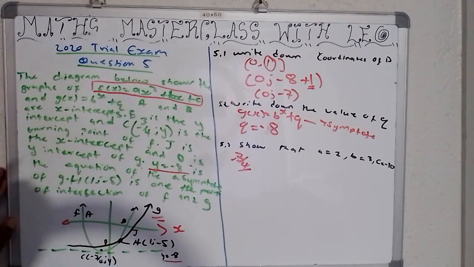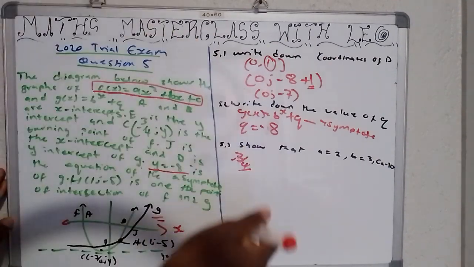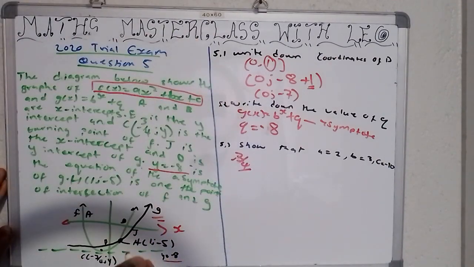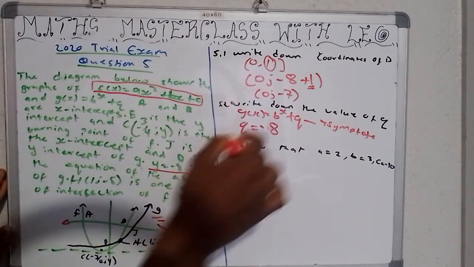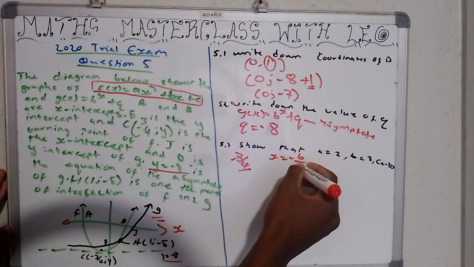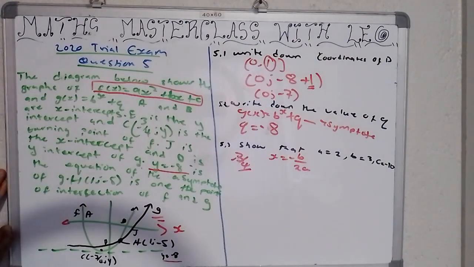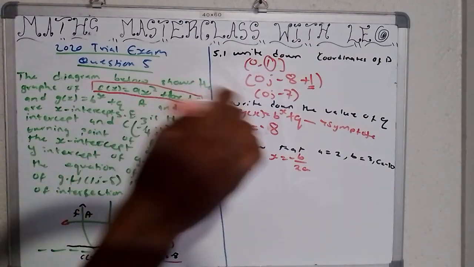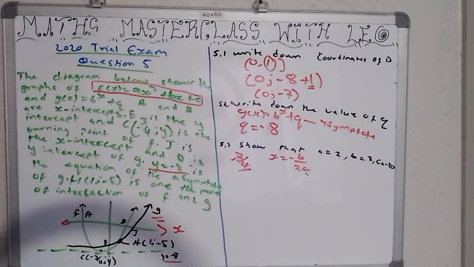That is the x coordinate of the turning point. It means I can calculate the value of a. How can I calculate it? By saying x equals negative b over 2a. But I can't calculate it because I need the value of b to substitute there. Right? Okay. What else am I given?